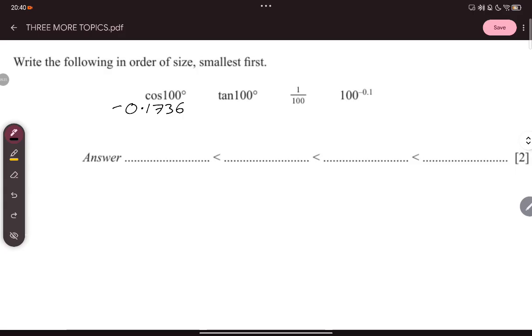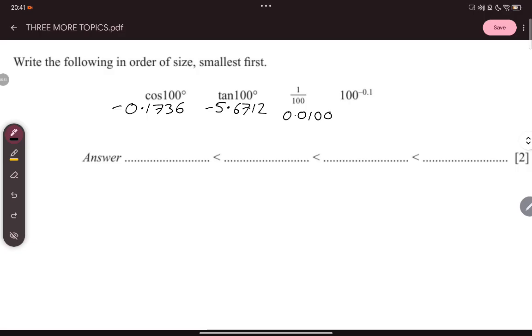Tan 100 degrees is another negative, negative 5.6712. I'm just writing down the first 4 digits after the decimal point. I'm not properly rounding. 1 over 100 is 0.01, isn't it? So 0.01, and I'll fill it with 4 digits after the decimal point.